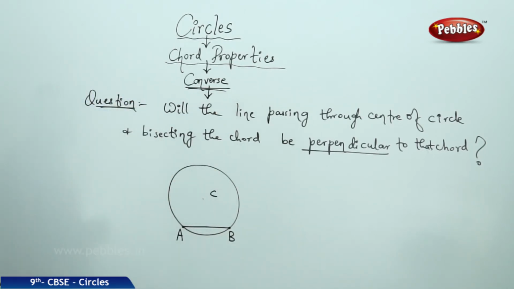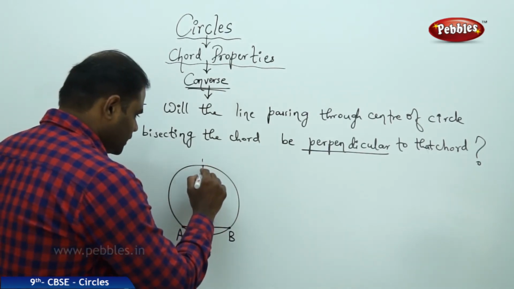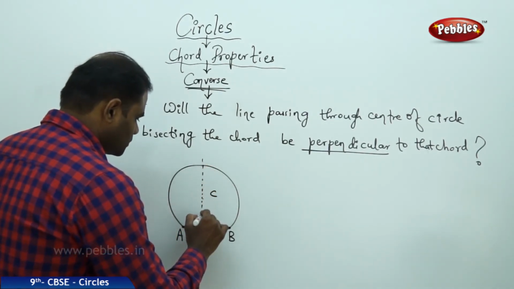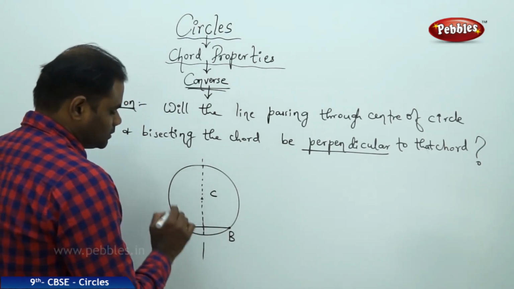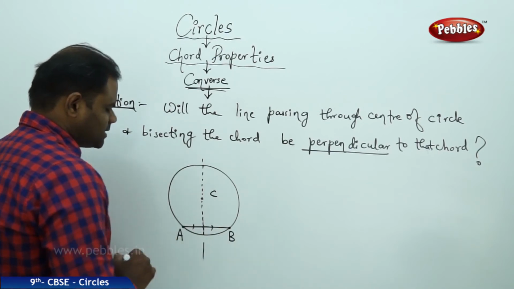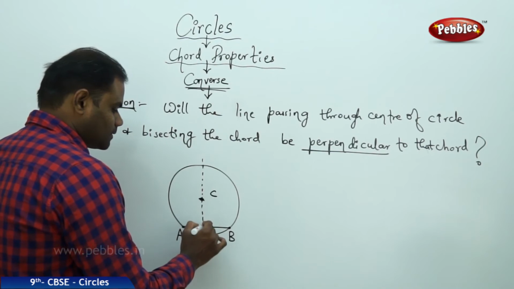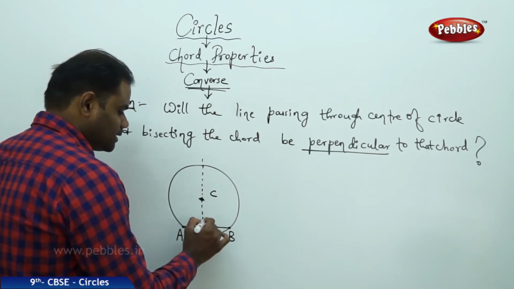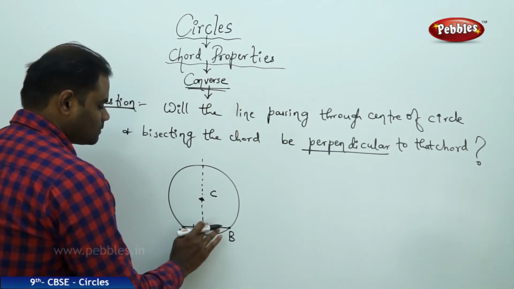And the line passing through the center of the circle is in such a manner that it bisects the chord. So here it cuts at D.